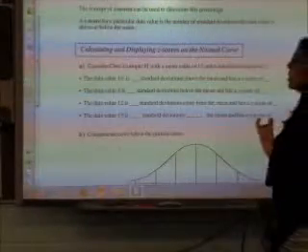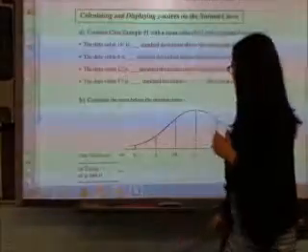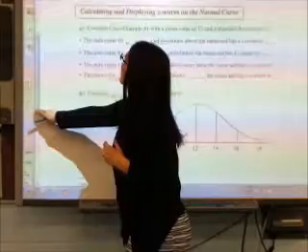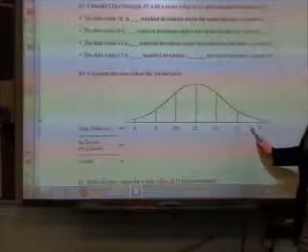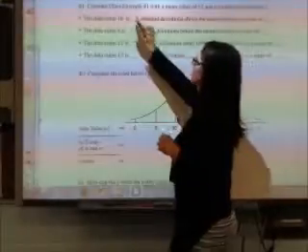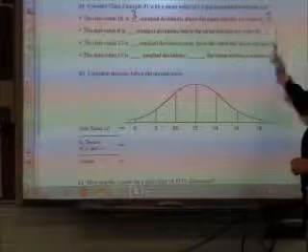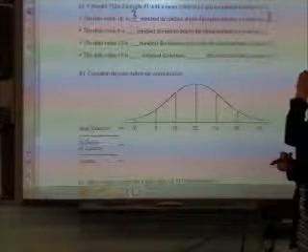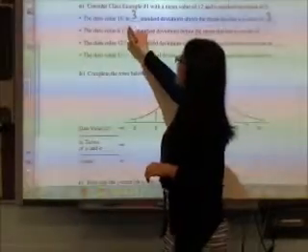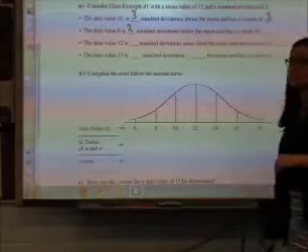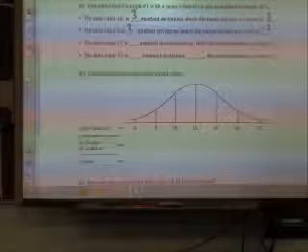So if we look back at the previous class example, the data value of 18, and we have the nice chart below that we can look at. So 18 is 1, 2, 3 standard deviations above the mean. So it would have a z-score of 3. 8 is 2 standard deviations below the mean, which means its z-score would be -2.